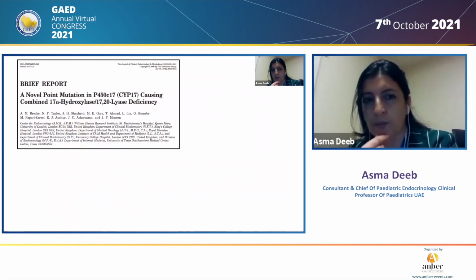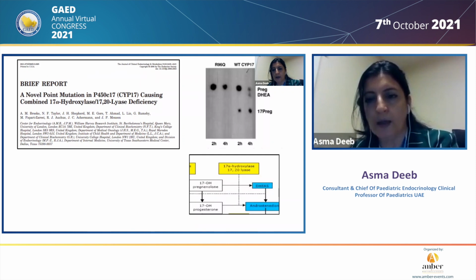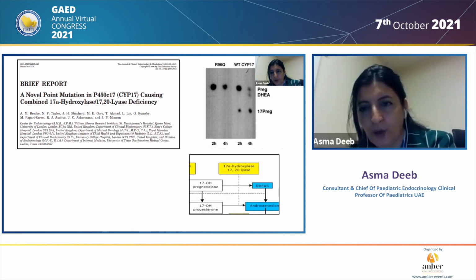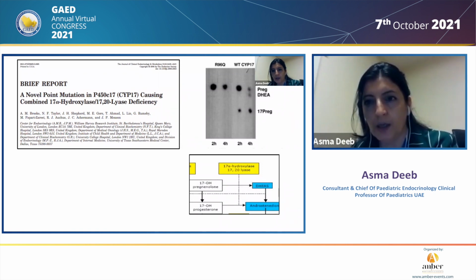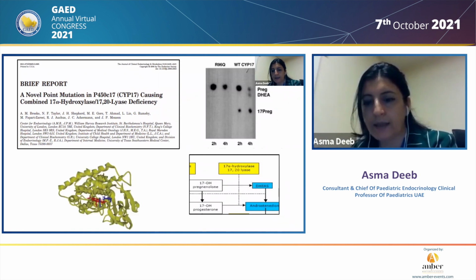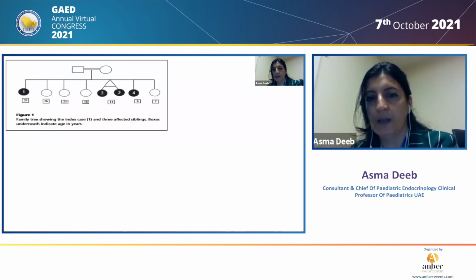Her case was published by colleagues from Bart's Hospital in London, showing where her defect is. This is a Western blot showing the defect of conversion of pregnenolone compared to the wild type, the normal gene in the control studies, and this is mapping of her novel gene mutation that was done as part of her functional studies in London.